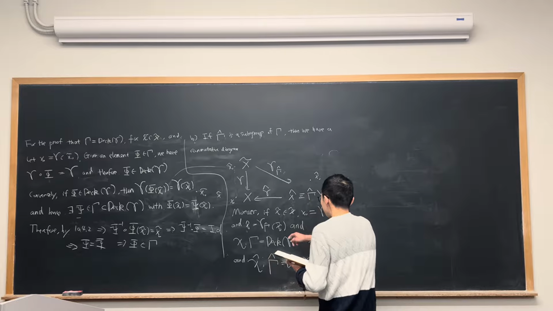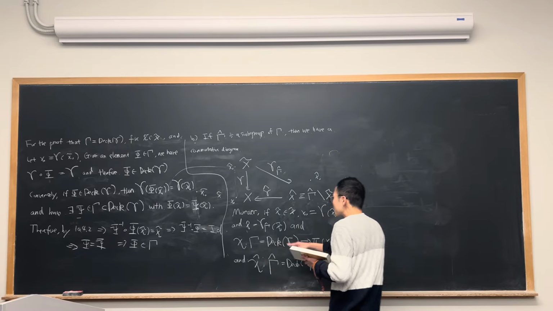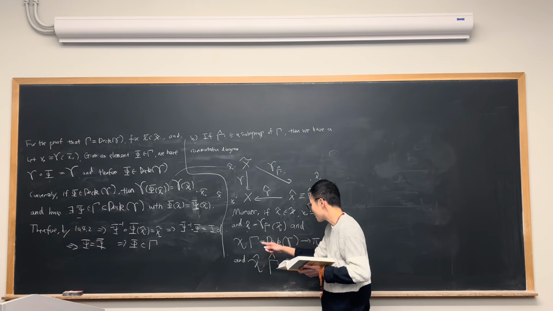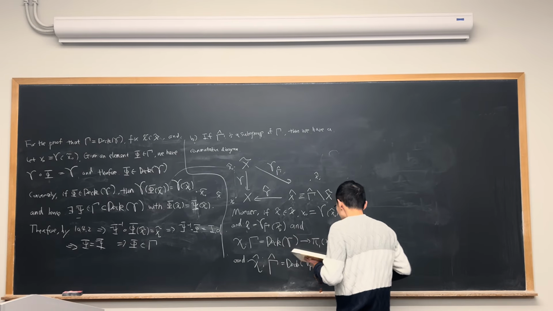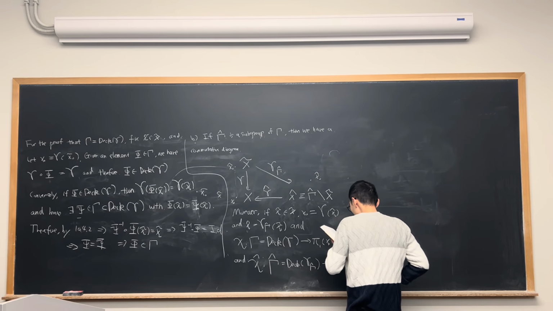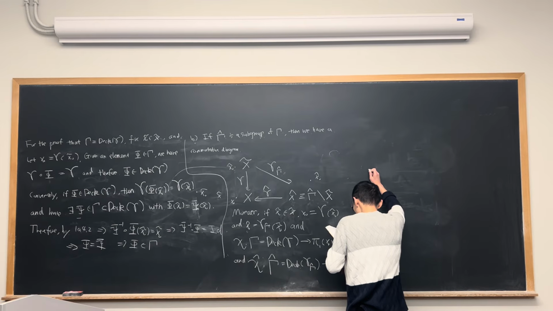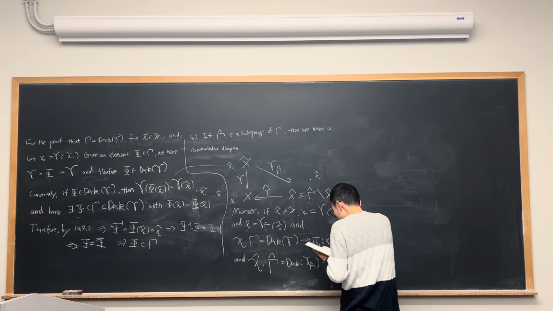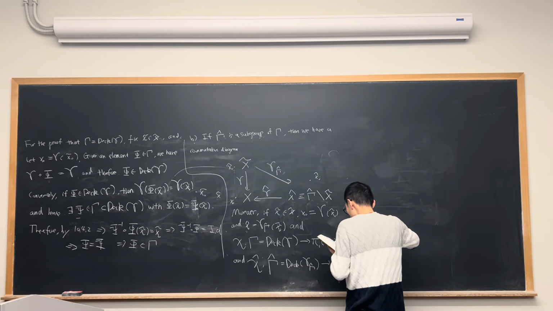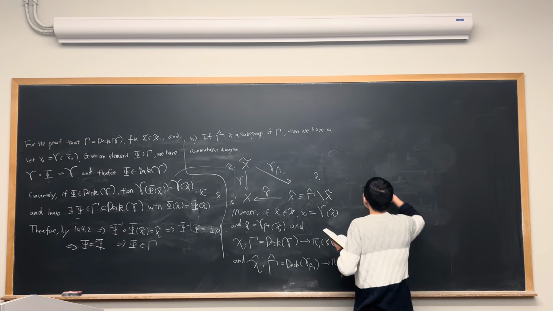What I'm trying to say is, what exactly are these two maps? These two maps, chi and chi hat, are exactly the corresponding group isomorphisms.